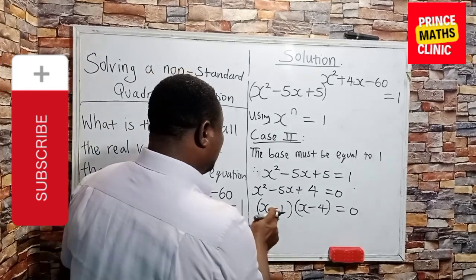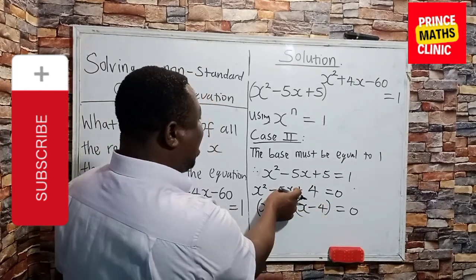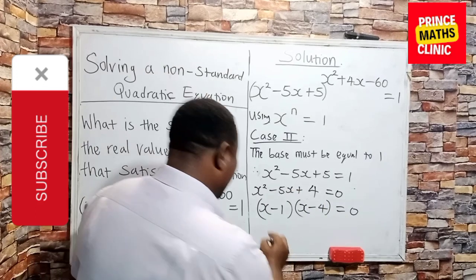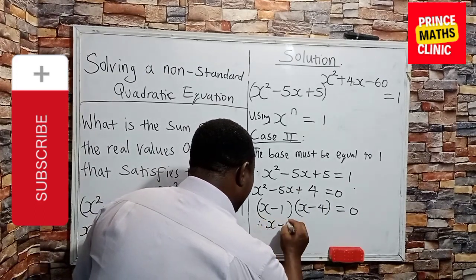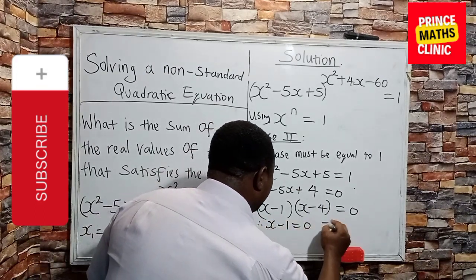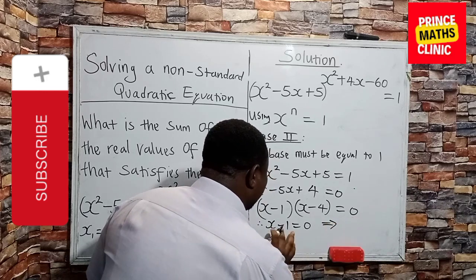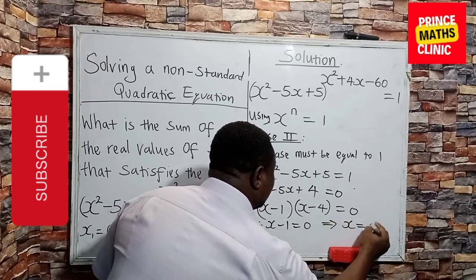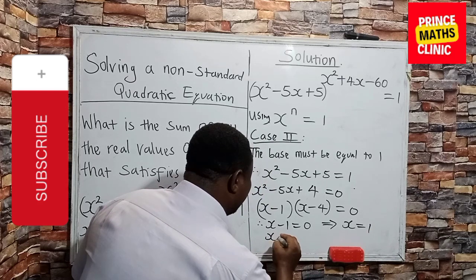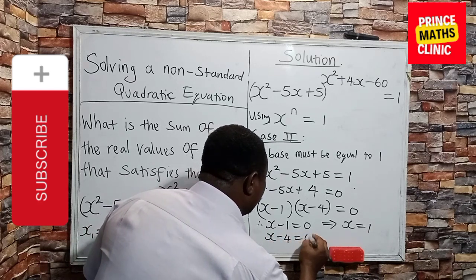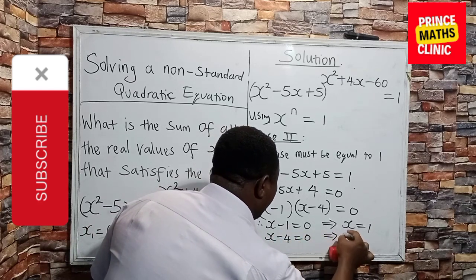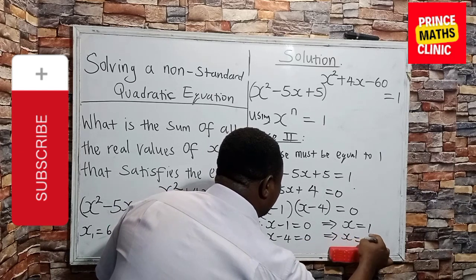And if you say minus 1 plus minus 4, you get minus 5. Then from this, it means that either x minus 1 equals 0, which will imply that our x will become 1, or x minus 4 is 0, which will imply that our x will become what?